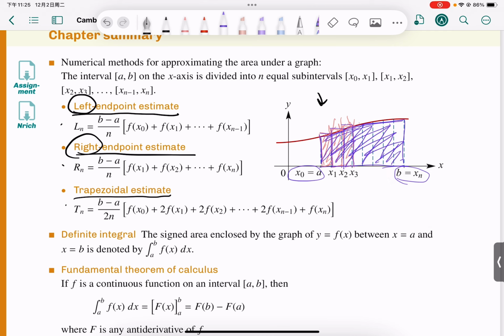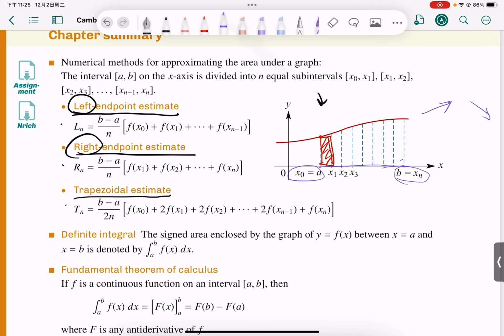It's very interesting if you think about if the curve is rising and if the curve is going down. If the curve is rising, which estimate, the left or right endpoint, will be larger? Let's take this picture over here because it's rising. If we have left endpoint, we start from here to draw a rectangle like this.